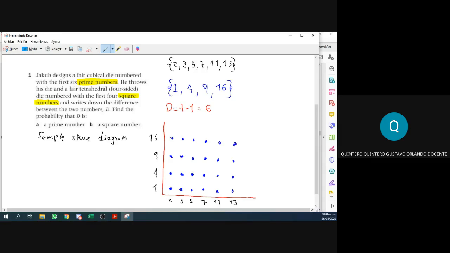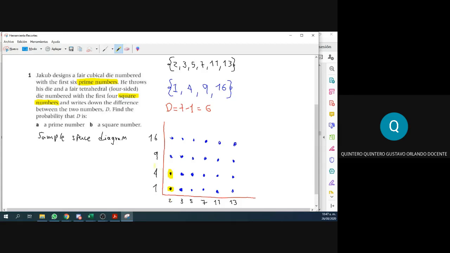We can answer questions like, I don't know, how many of those combinations have an even number on the dice? This has an even number because this has a 2 and a 1. Also this, 2 and a 4.